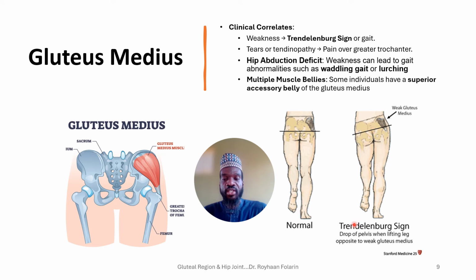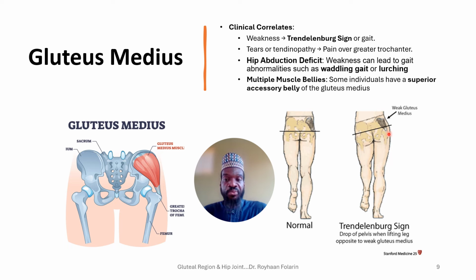So that's called the Trendelenburg sign or Trendelenburg gait, which is a drop of the pelvis when lifting the leg opposite to the weak gluteus medius muscle. There could also be a tear or tendinopathy in the gluteus medius muscle, and whenever that happens, it leads to pain over the greater trochanter, on which the tendon of the gluteus medius muscle inserts.